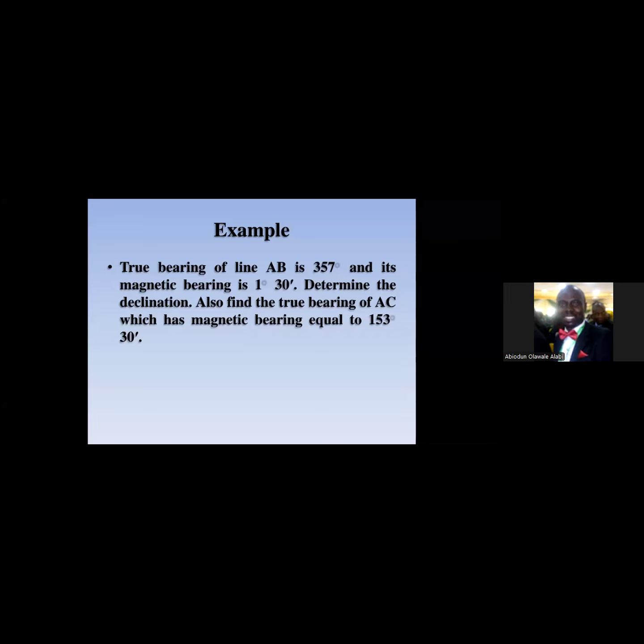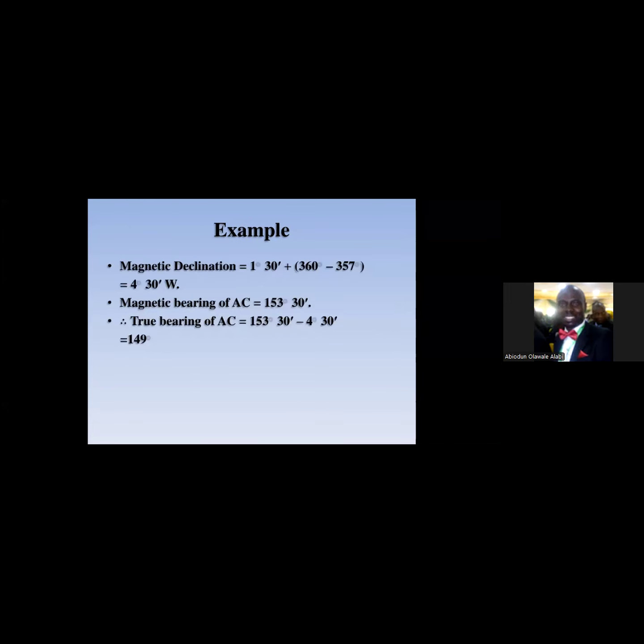So we need to reference this 357 back to the true north. That is why we have 360 degrees minus 357, and that will be 3 degrees. 3 degrees plus 1 degree 30 minutes will give you 4 degrees 30 minutes.